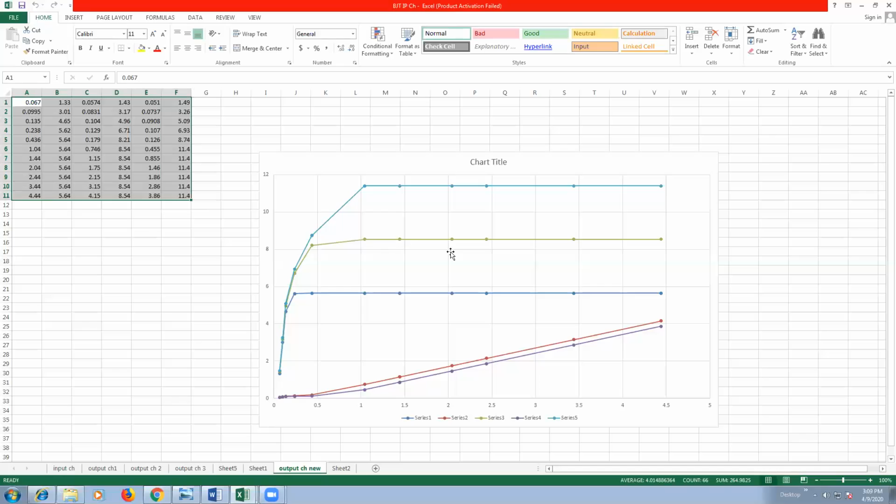In the Excel sheet, by these 3 sets of readings we get 3 output characteristic curves. Got it? So you also have to proceed like this.